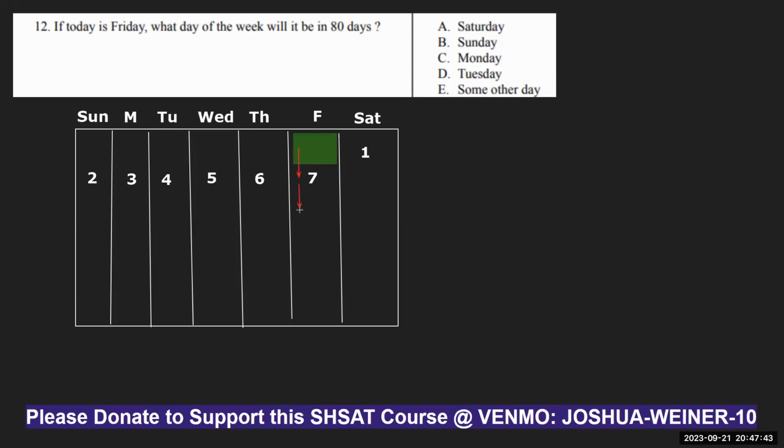So you know that 14 days later, for example, it'll be Friday again. And then another 7 days will pass, Saturday, Sunday, Monday, Tuesday, Wednesday, Thursday, Friday. That'll be 21 days later.